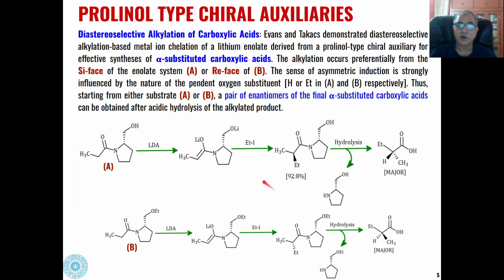So, by choosing the type of enolate, we can synthesize different enantiomers of the alkylated carboxylic acids. So this is how we can convert achiral carboxylic acids into chiral alpha substituted carboxylic acids.